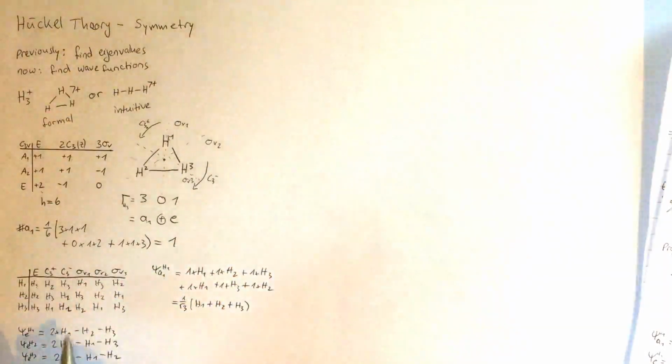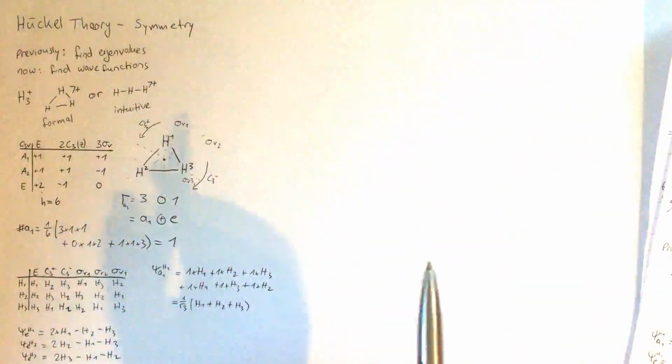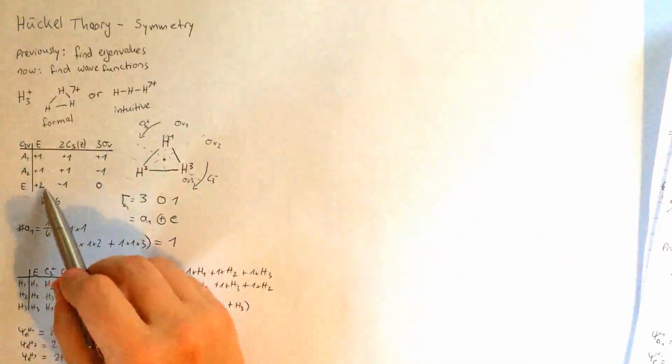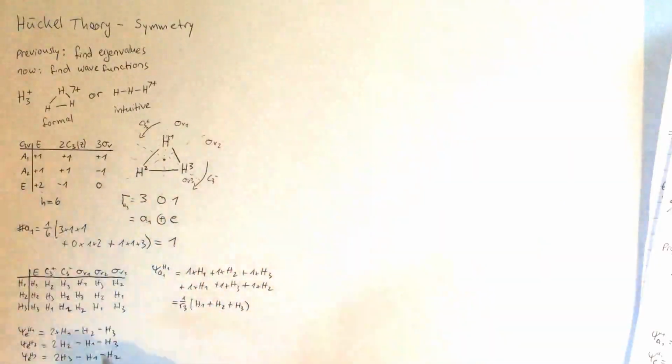So I get 3 wave functions that transform as the E irrep. But the problem is, these 3 wave functions are not orthogonal, and I have one too many because the E irrep is twice degenerate, not 3 times degenerate.